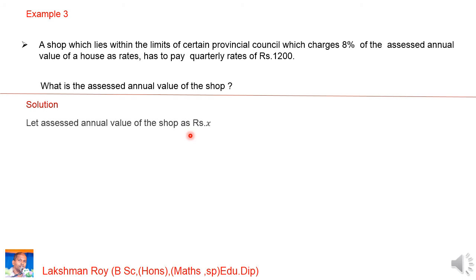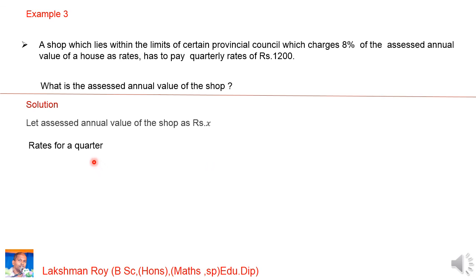So what have they given? They have given the quarterly rate, 1200, and the percentage is also given. So using this quarterly rate 1200 and 8%, I'm going to write the rate that should be paid within 1 year, right? Let's see, rate for a quarter.